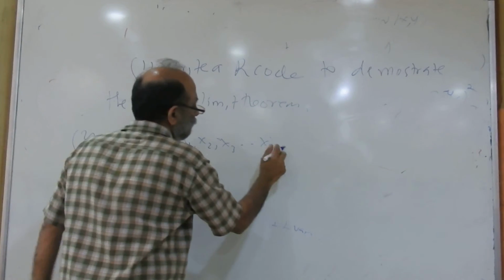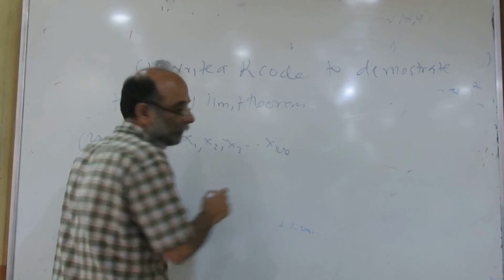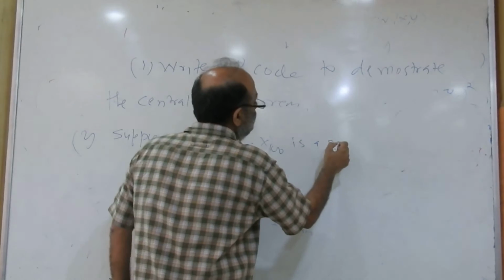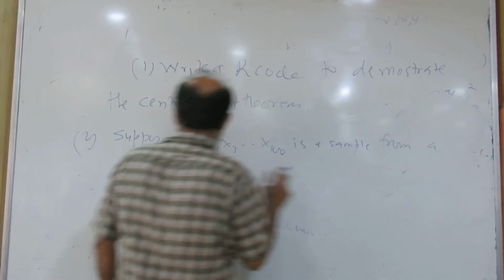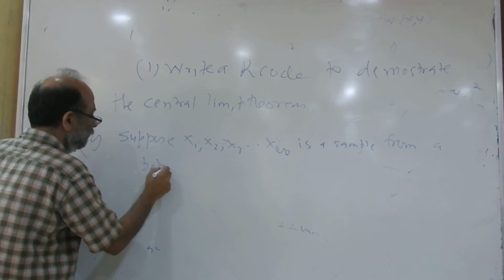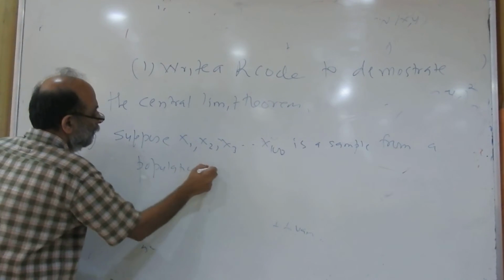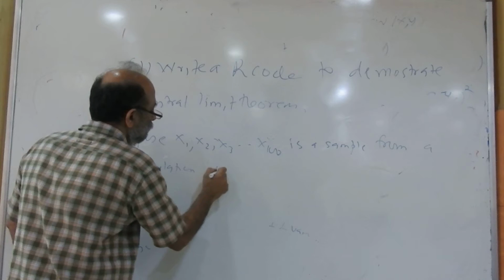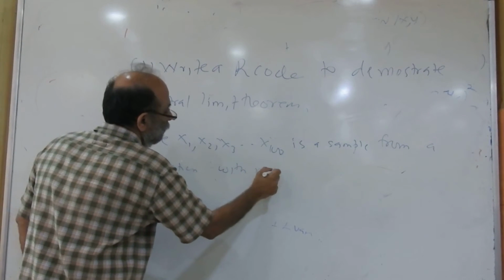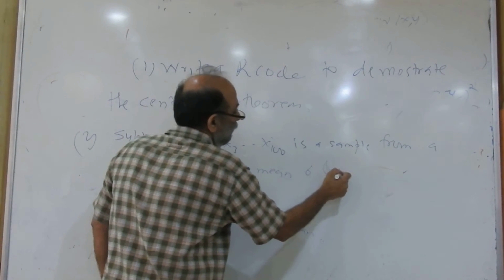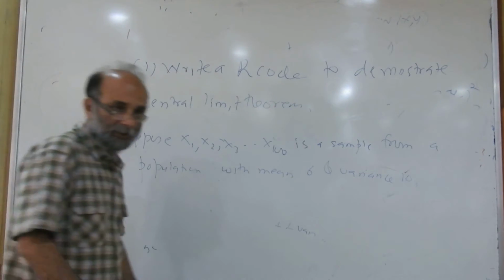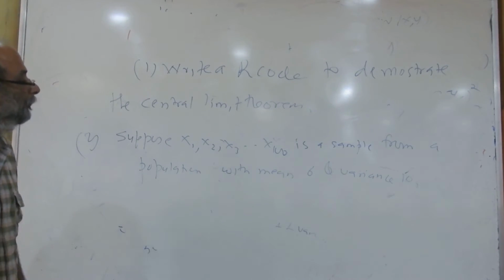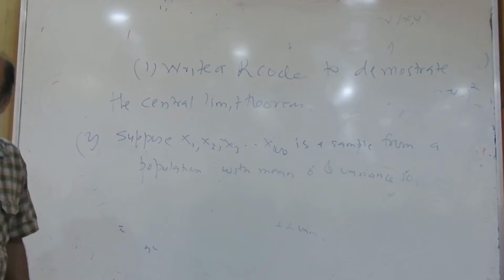X100 is a sample from a population with mean 6 and variance 10.